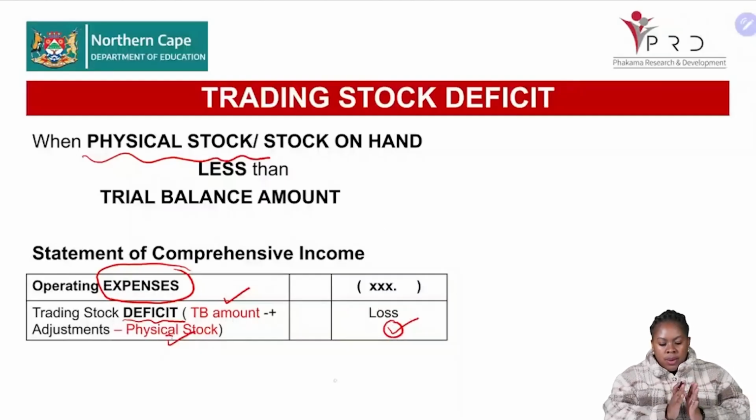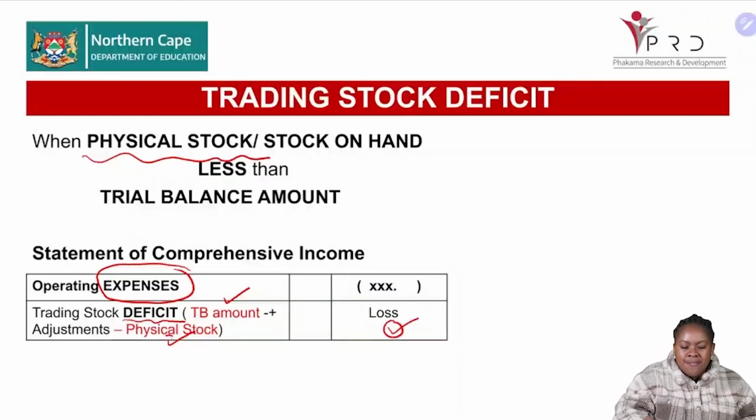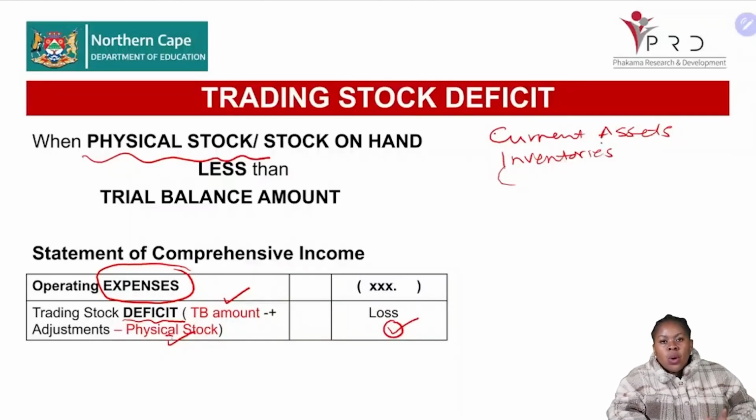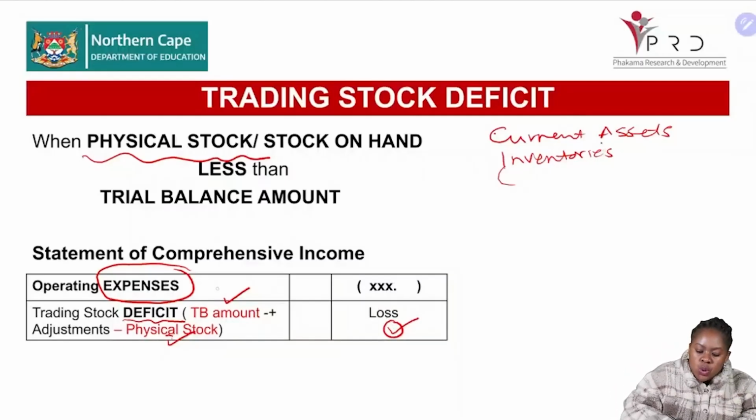Okay, now, when you are dealing with the trading stock deficit, trading stock surplus, how does it then affect your statement of financial position? Your statement of financial position is affected as follows. Basically, you are going to go to your current assets, and under your current assets, you are going to have inventories. Now, inventory note is recording any stock that you have on hand, meaning what is left. Okay, so what are we going to use? We are going to use the physical stock amount.